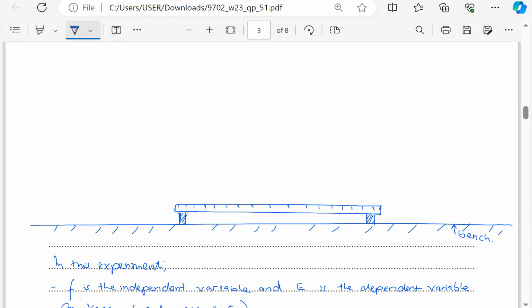Remember, I'm going to put these coils on a soft iron core, so I have to draw here a soft iron core somewhere.